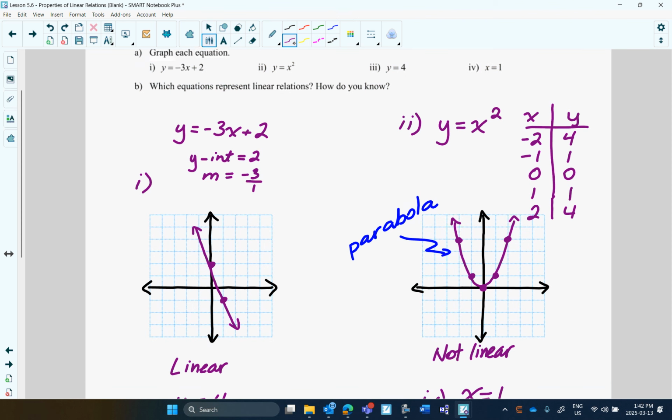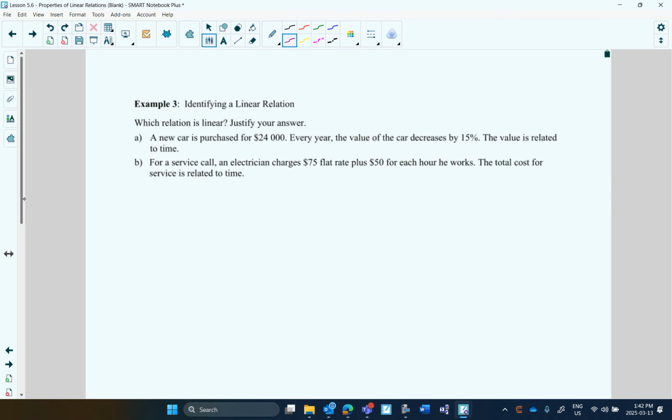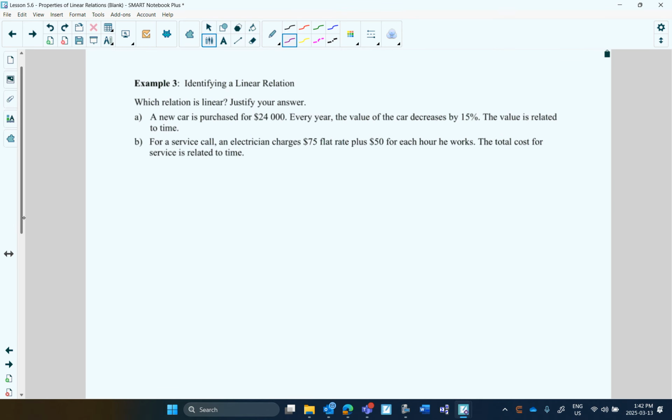Last example I want to look at, and I'm going to take you back to middle school. You remember in middle school, we did all sorts of stuff with percent. We haven't looked at percents at all, I think, in senior school. Not at all.